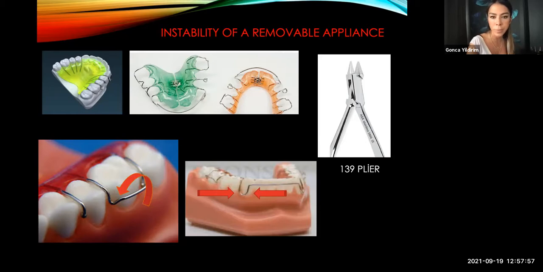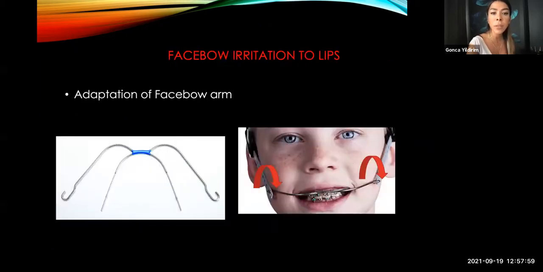We can see face bow irritations to lips, and the patient of yours may call you if the patient cannot reach his or her orthodontist. You should hold the posterior side intraorally, then just turn the outer bow downward, not to irritate the lips.